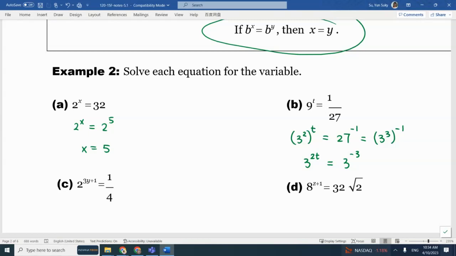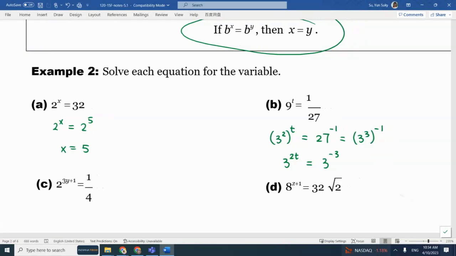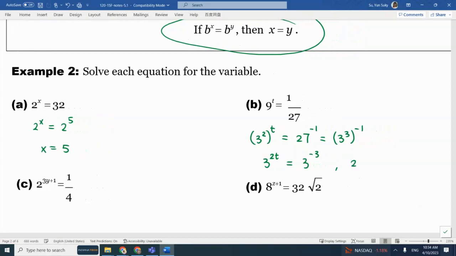Make sure we have the same base. Then we can set the exponents equal to each other. So 2t is -3. What's t? Yes, so both sides divided by 2, we get t is -3/2. Is that okay, everybody?